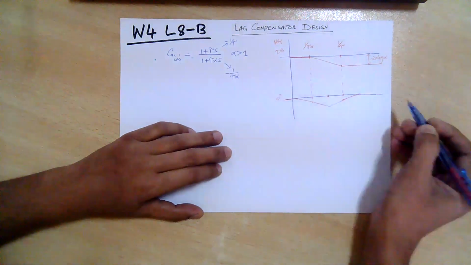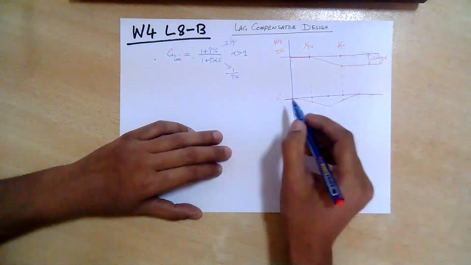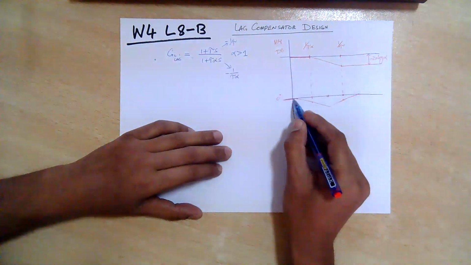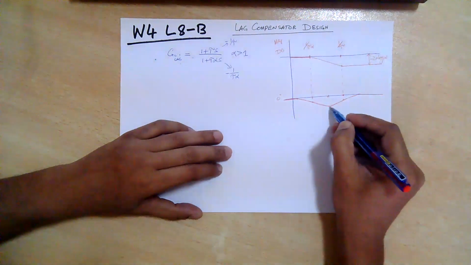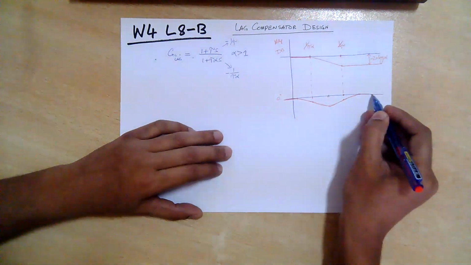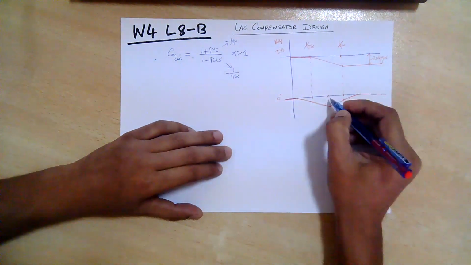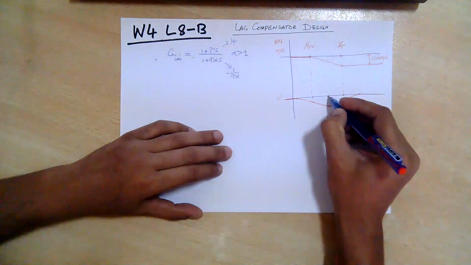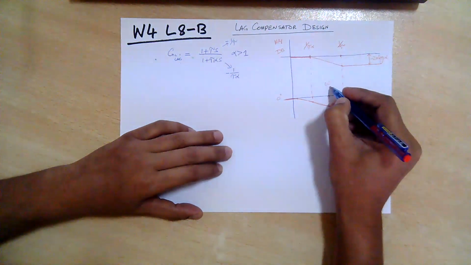So this is the asymptotic curve, and if you draw the actual curve, that will look like this. It will be a smooth curve, no corners, and the actual curve, if you plot it with MATLAB, will be smooth, and this is the point where omega corresponds to phi min.